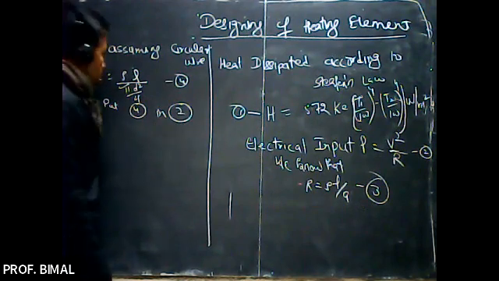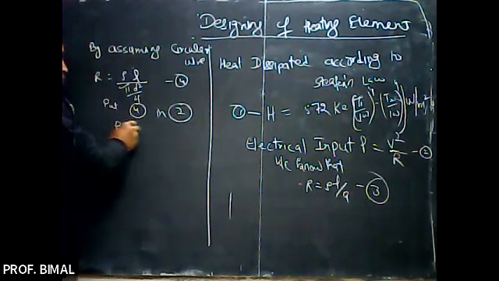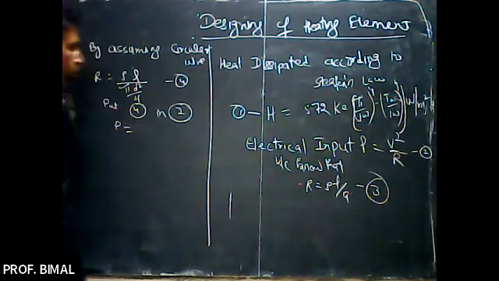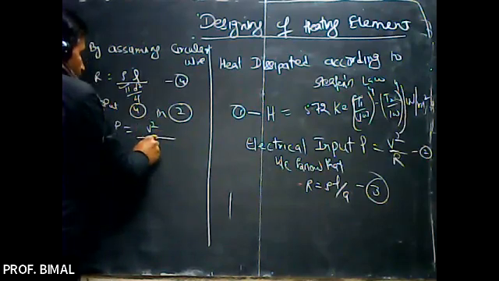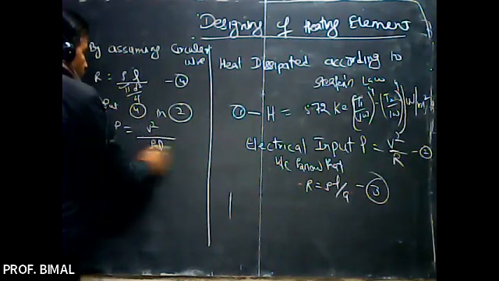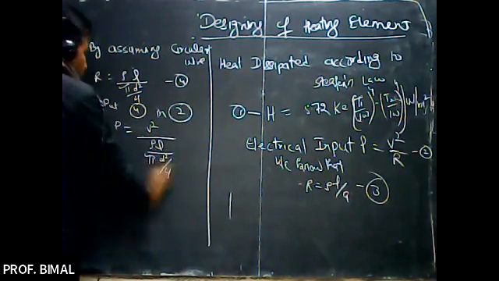That means the value of R in the equation of the electrical input. So it will become P is equal to V square upon rho L over pi d square over 4.